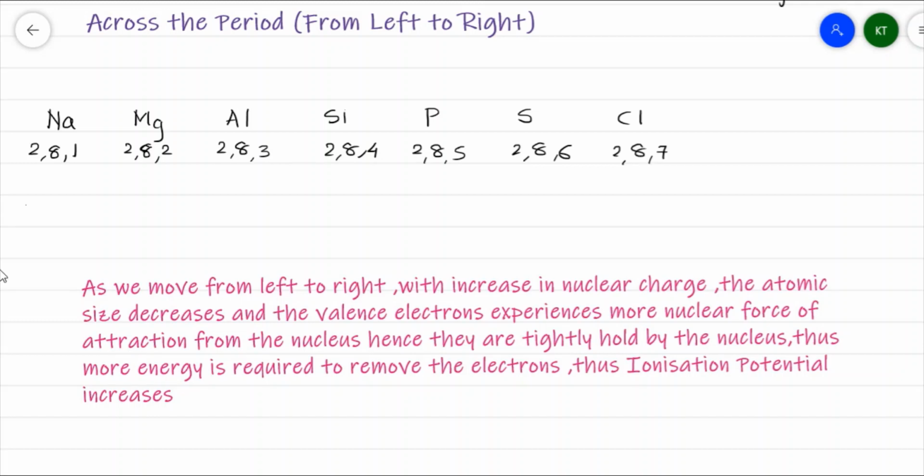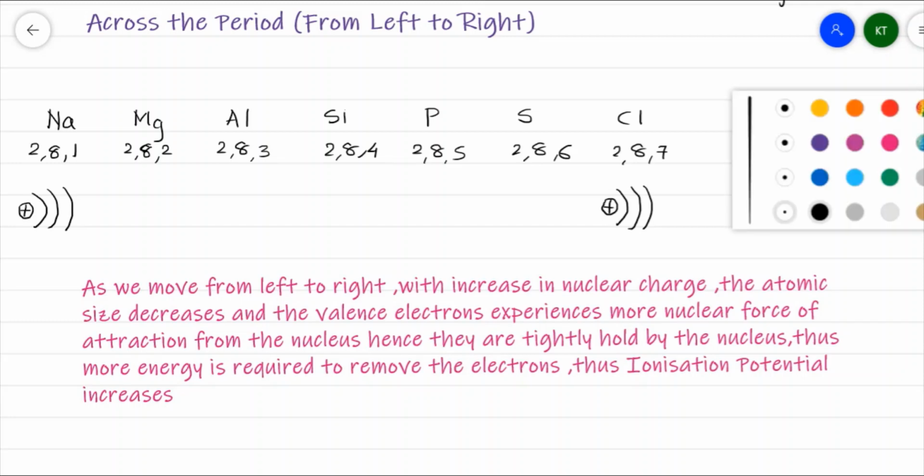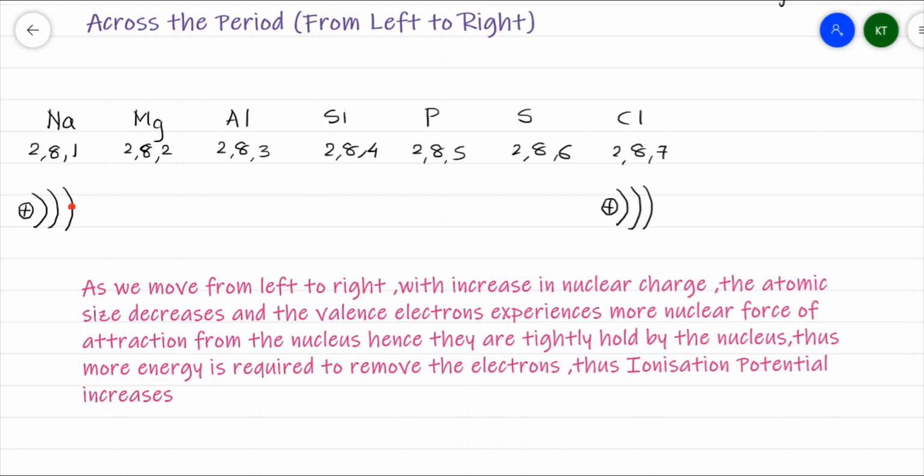Let me draw the nucleus of sodium with 3 shells, and the nucleus of chlorine with 3 shells. Sodium has 1 electron in the valence shell and chlorine has 7 electrons in the valence shell.